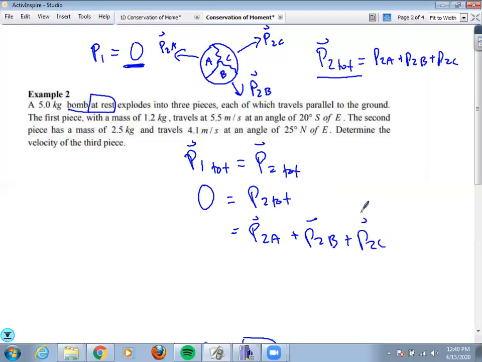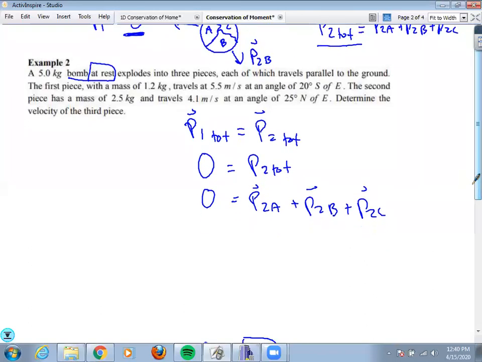That's the premise that's going on here. We are going to know two of these objects and not the third. That's how it works. So we know the total mass of the bomb, M total equals 5 kilograms. So if it breaks into 3 pieces, the 3 masses must add up to 5.